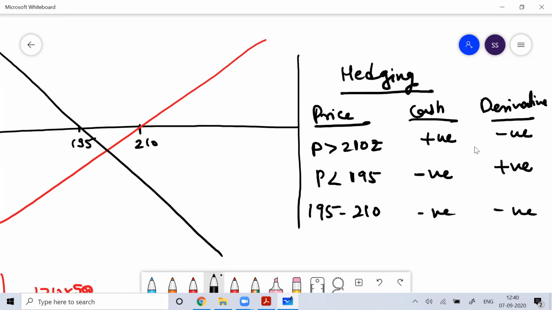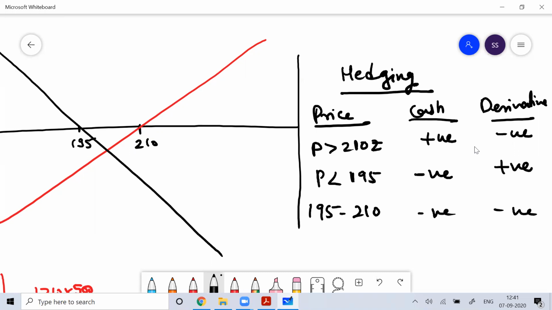So what is hedging? Whenever you apply hedging, you are not looking for unlimited profit, and you are not looking for unlimited losses. The reason is that you want to minimize your losses, your downside problem.